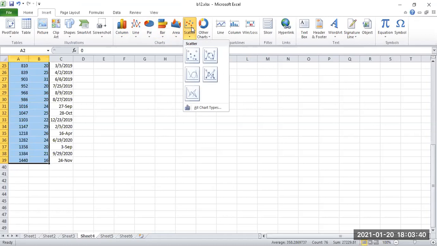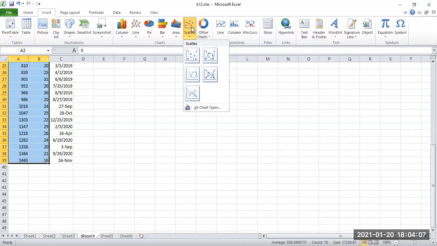As I click on it, I get 5 more pictures. So look at the pictures. The upper left-hand one is dots and no lines. The right-hand one at the top is dots and lines. I've got curves that don't display the dots as the middle line there.